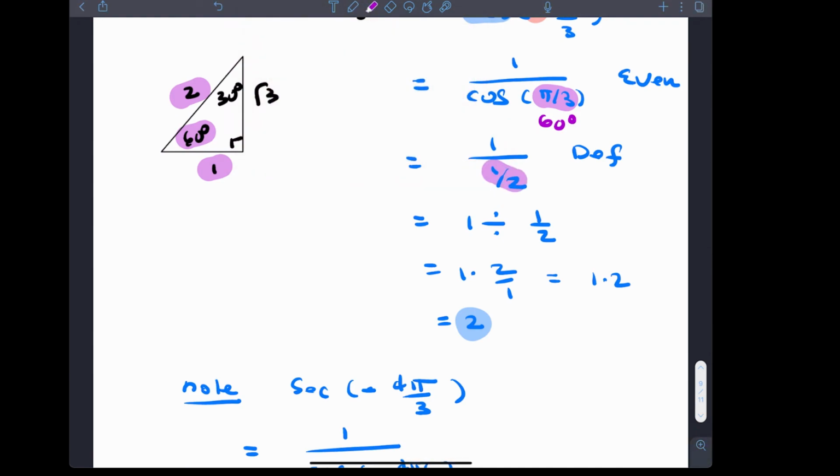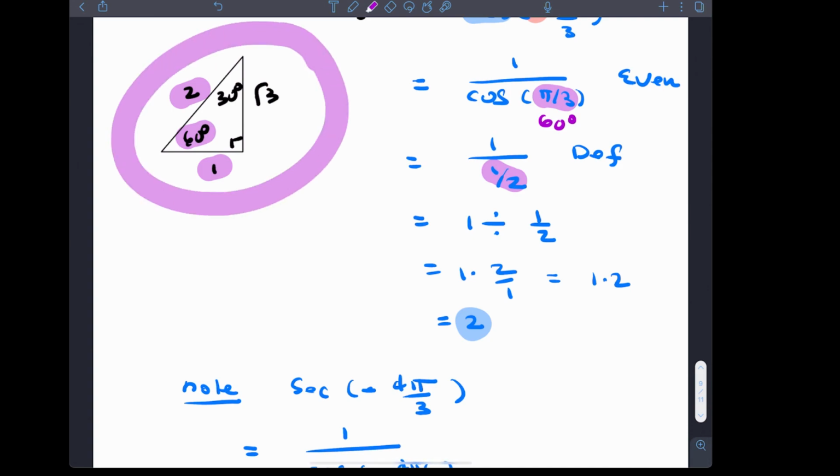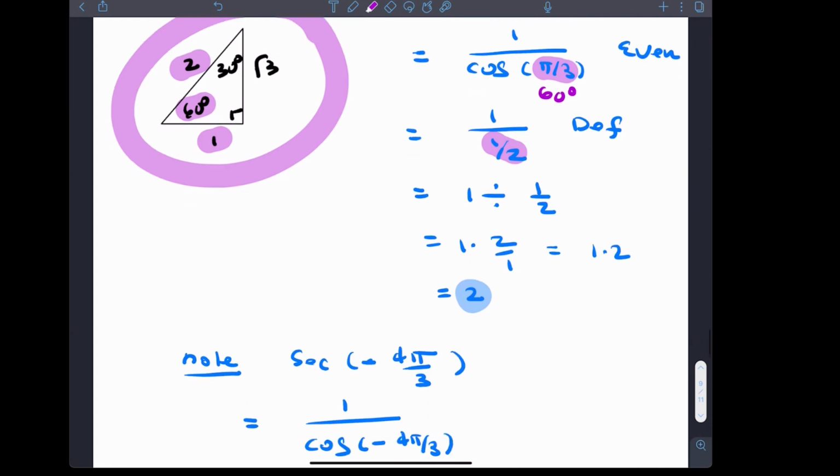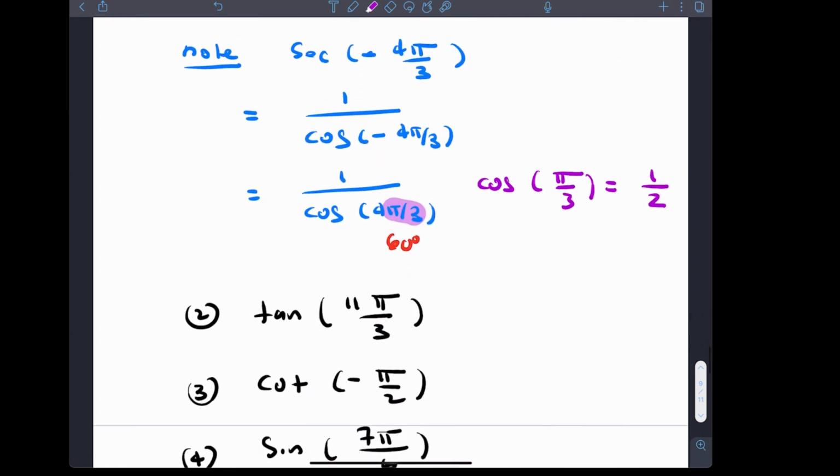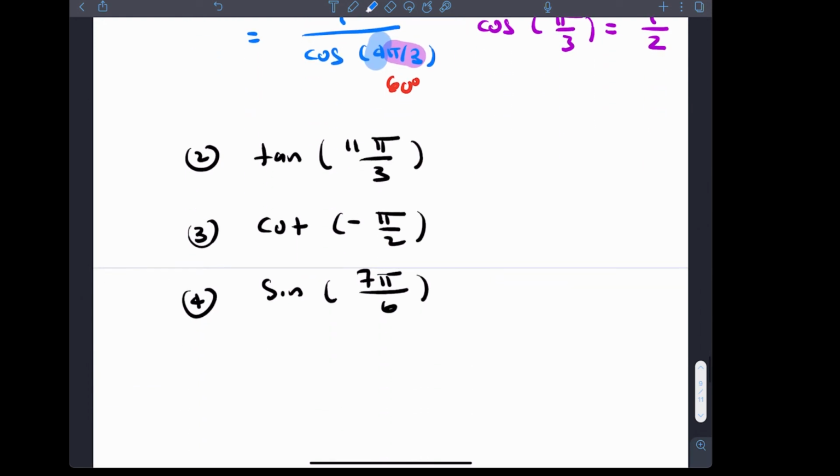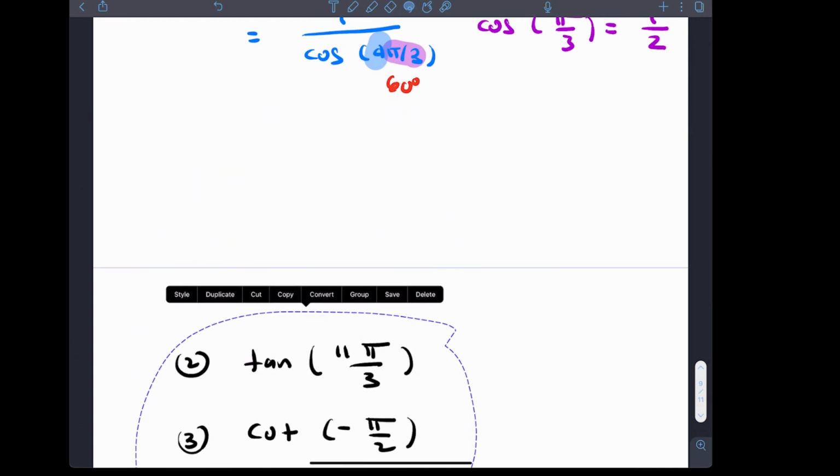Right in here. We use this special triangle, cosine 1/2. But then you have to know, what is 4 times 60? Anybody know? What's 4 times 60? Is that 240?